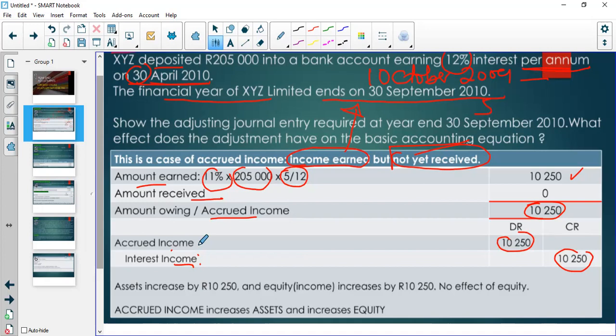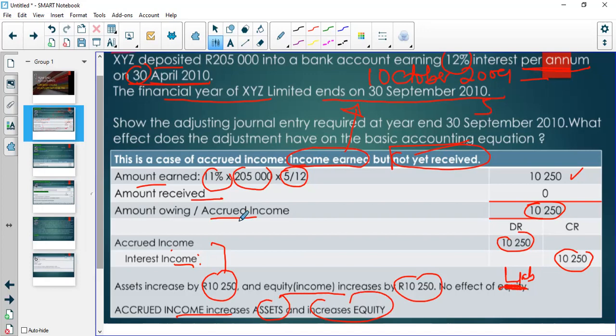So our assets are going to increase by 10,250, and our equity is also going to increase by 10,250. And there's no effect on liabilities here. So in other words, accrued income increases assets and increases equity, and there's no effect on the liabilities.